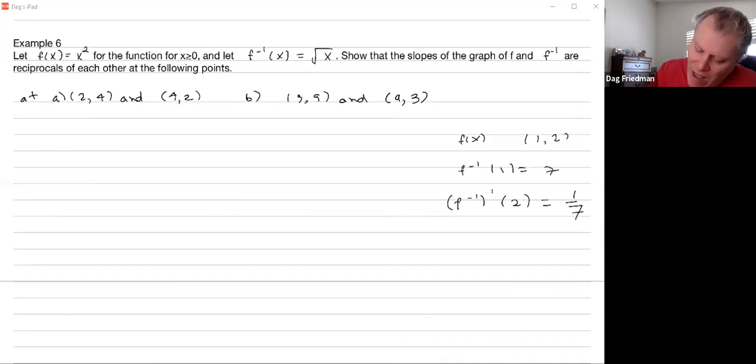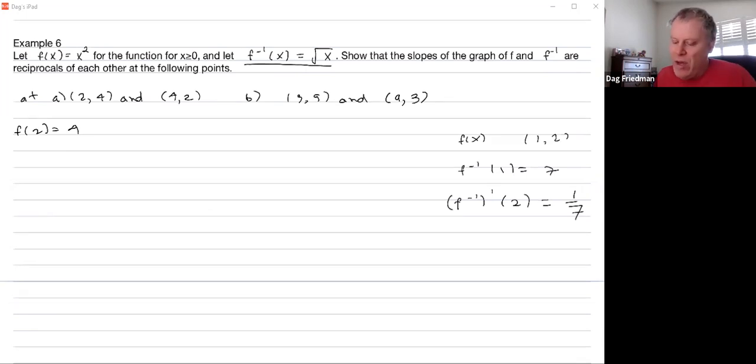If I take f of x and evaluate it at 2, I think you guys would agree I get 4. If I take the inverse function and evaluate it at 4, I get 2. Notice that we're asked to show the reciprocals of each other.